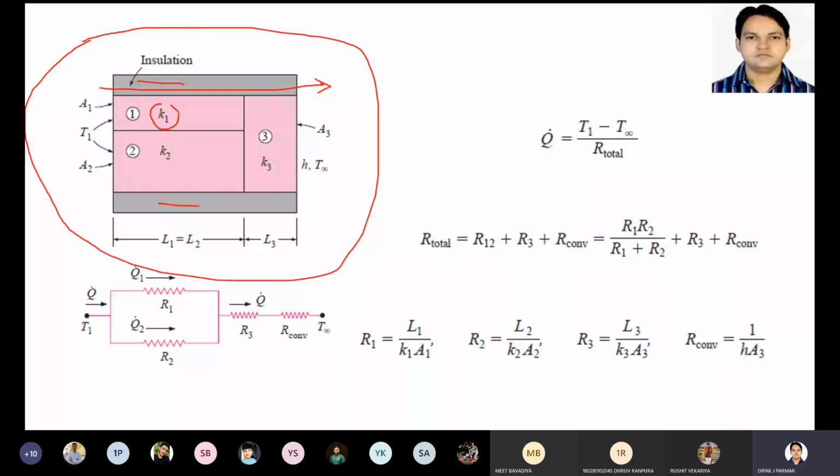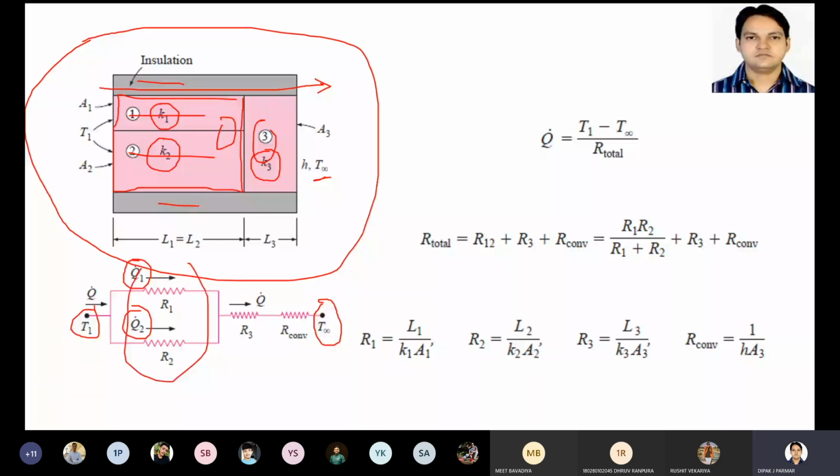If we make an electrical circuit, here we have the T1 temperature, and outside is T infinity, as given here. Now resistance 1: Q dot will be split into Q1 and Q2. They are in parallel, plus the third resistance, which is in series with the combined effect of R1 and R2, and then the convection resistance is taken here.